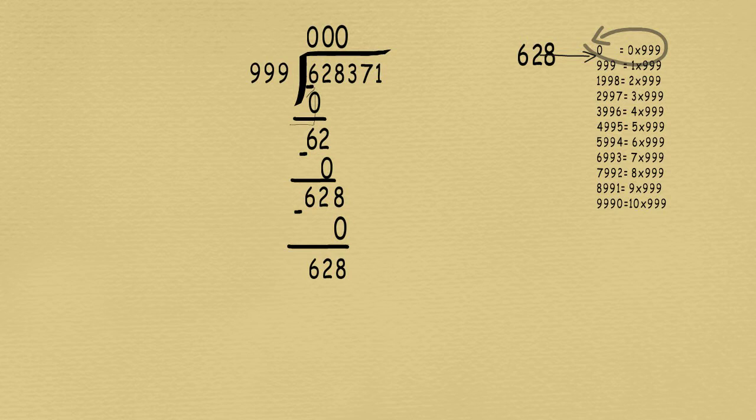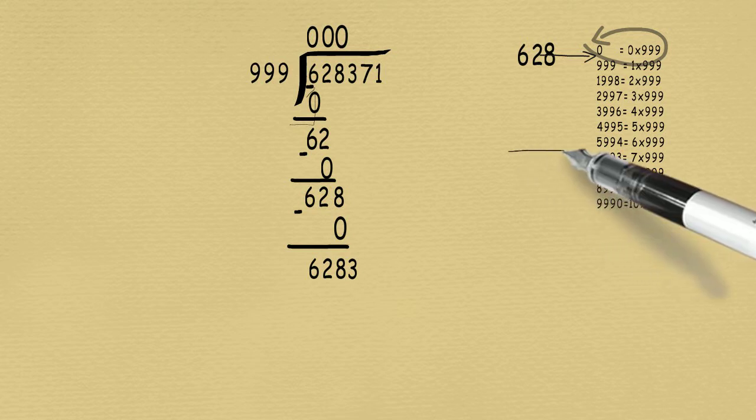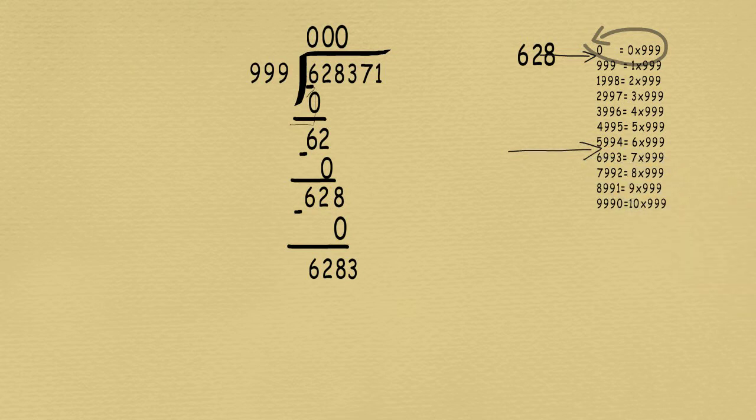I'm going to bring down the number 3 inside the division house so that I now have the number 6283. I'm going to squeeze that number somewhere in between two numbers in the multiplication table, and I can see that 6283 is in between 5994 and 6993.